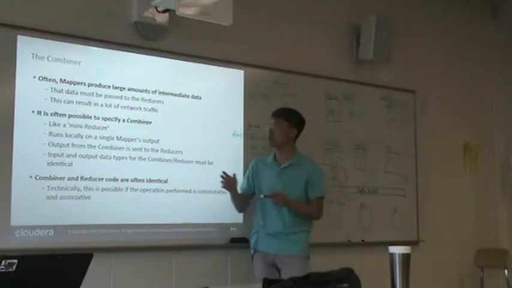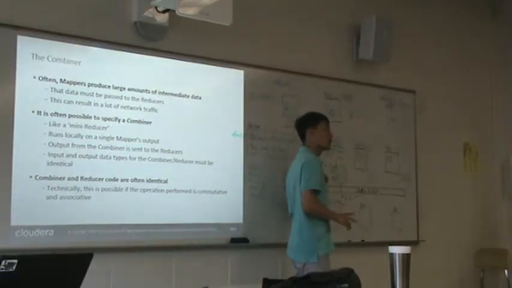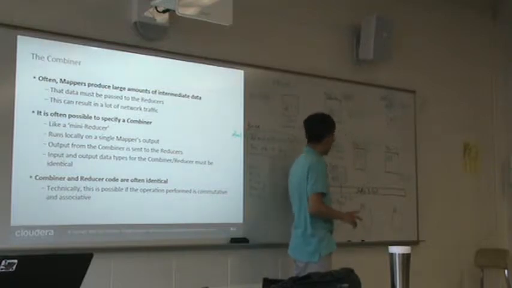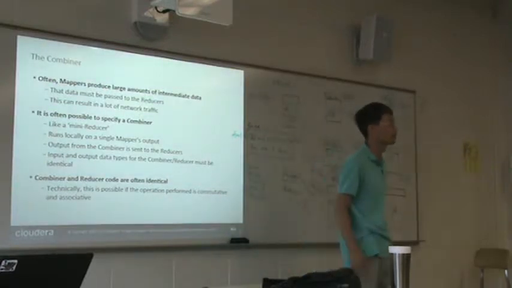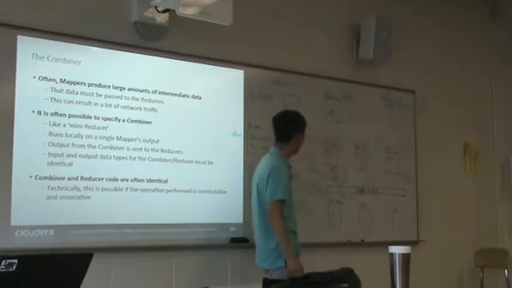That is the reason it's called a mini reducer. As you can see, the network transfer size will be reduced. Also, it will reduce the overhead. But should the combiner be run after the shuffle and so on?